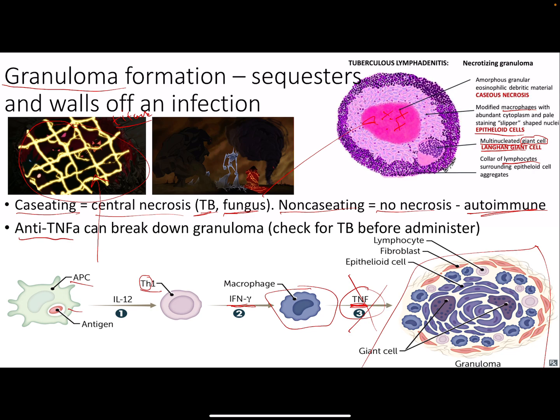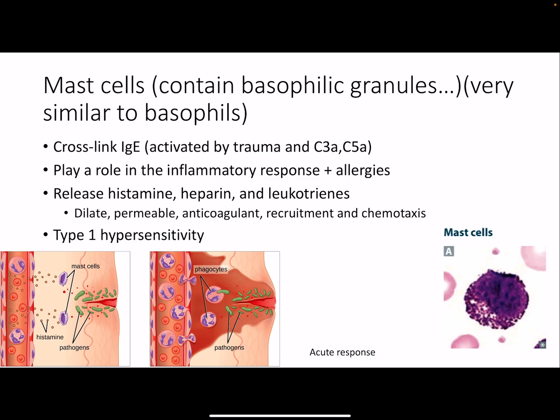The pathogen is often, again, tuberculosis. That's a really common one. So before you put somebody on Humira, you have to go ahead and give them a PPD test or QuantiFERON test, make sure that they do not have tuberculosis, because otherwise you could put them on the drug and then there could be a reactivation of the tuberculosis.